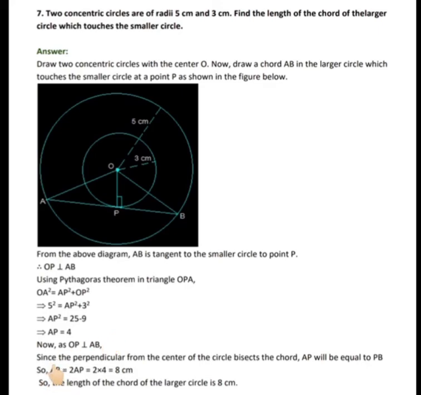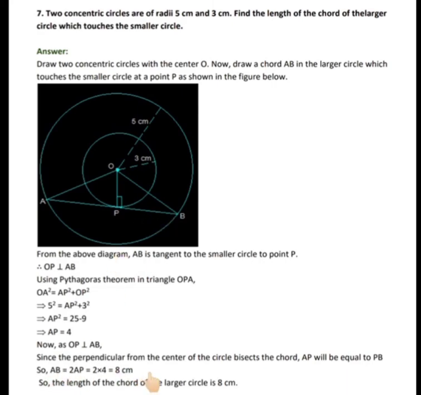Now, as OP is perpendicular to AB, radius is perpendicular to tangent. It means for the bigger circle, or outer circle, this is the perpendicular to the chord. And we have studied in previous class that a perpendicular drawn from the center of a circle to the chord bisects the chord.